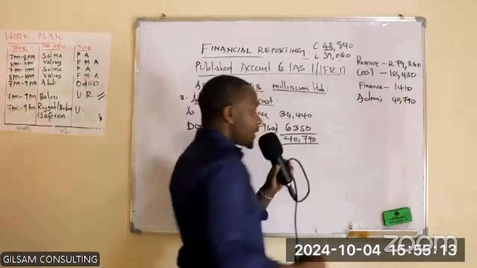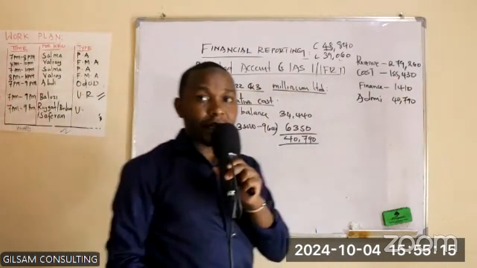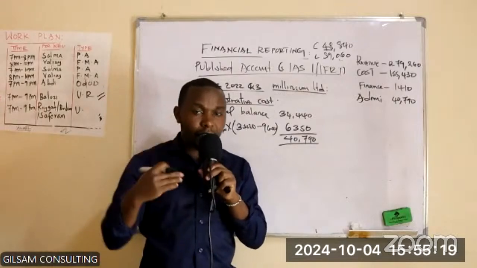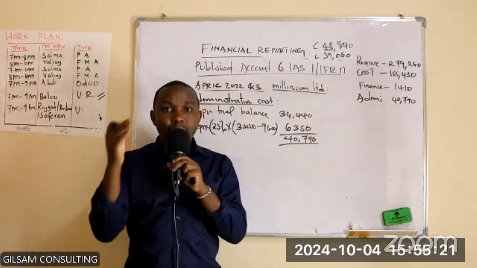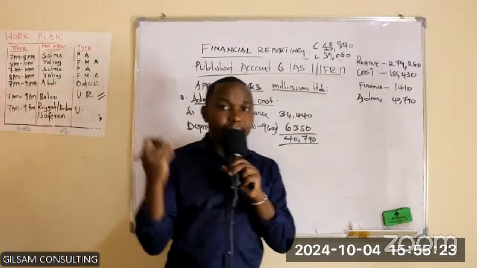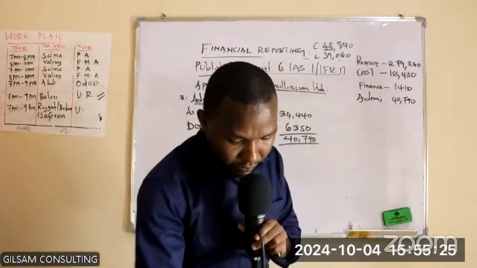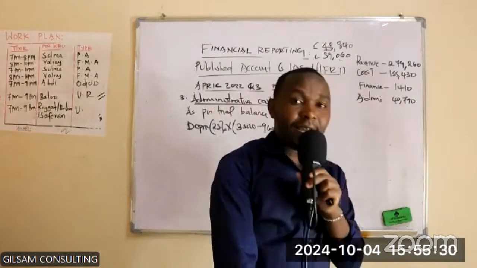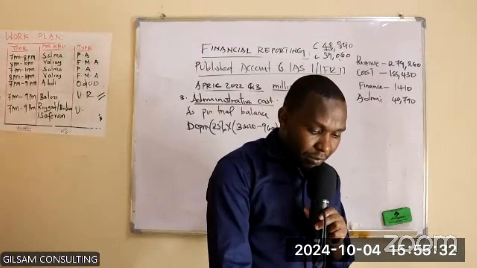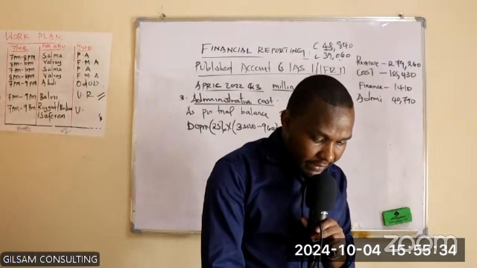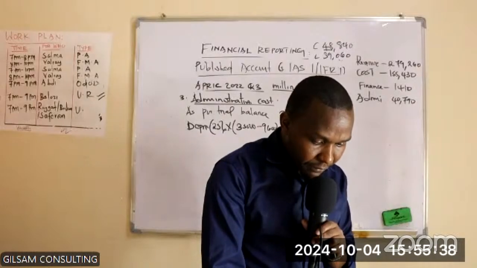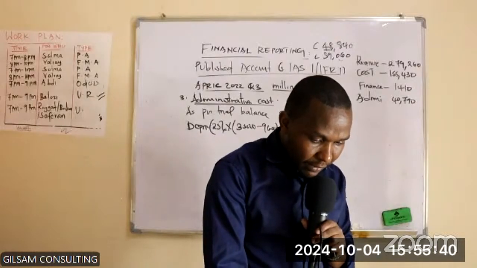So let's look at the distribution cost. Is there any adjustment for the distribution cost? You go through the additional information and look at whether there is an adjustment for distribution cost. Remember, the only notes we haven't touched are notes 7 and 8, but they are both for taxes. Note 5 we have done. Note 4 we have not done, but there is no expenditure there.